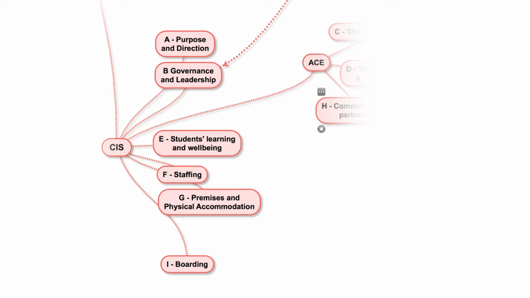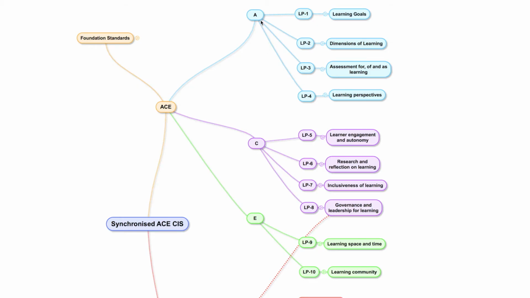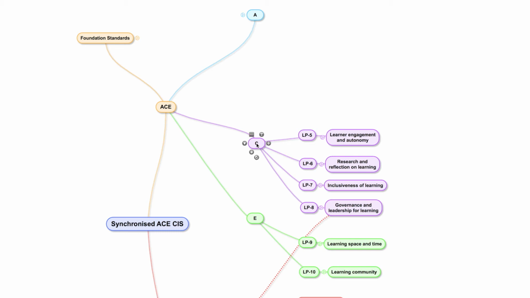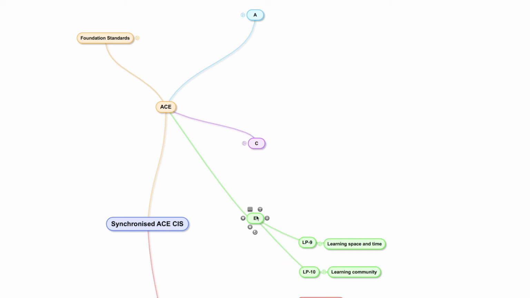So for CIS, you've got 5 domains or 6, depending if it's boarding, that you would need to get together and help construct the documentation. And for ACE, you would be looking at the 3 domains, the 3 areas, the architecture for learning, the culture for learning, and the ecology for learning to produce 3 reports there.